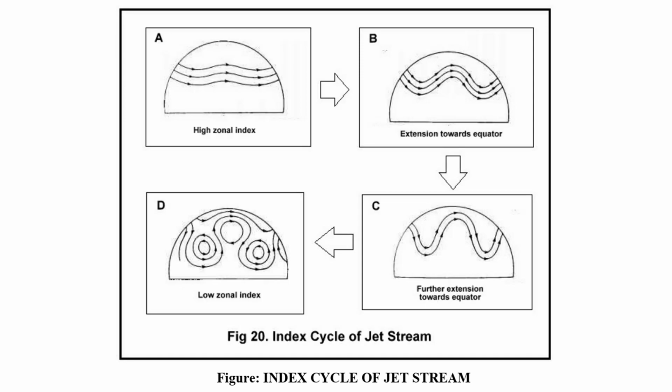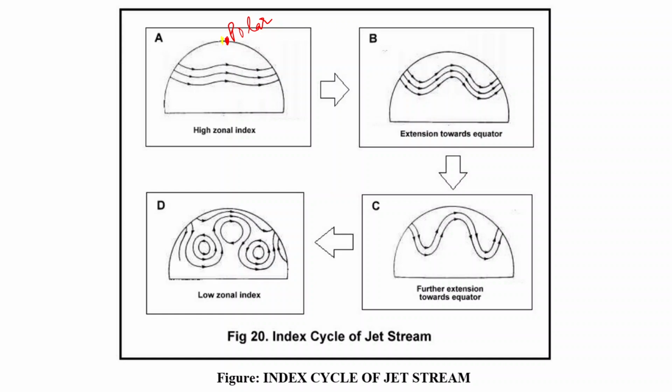In the first stage, the jet streams are quite close to the polar regions, and of course they flow from west to east. So if this is the polar region over here, they are very close to it, in its vicinity.